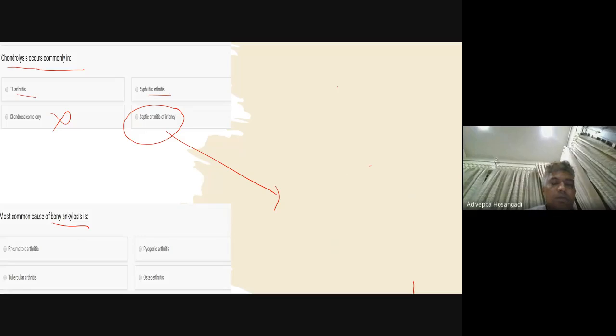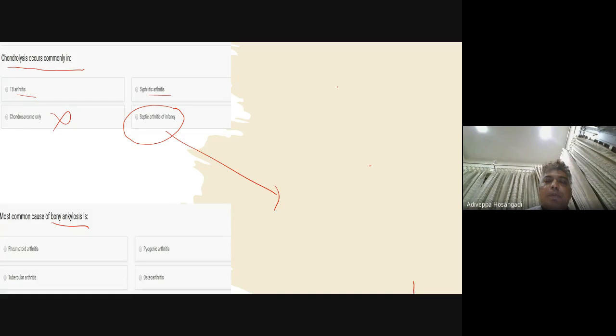Ankylosis is nothing but loss of movement of the joint. Ankylosis can be bony or fibrous. Please remember this. This is very important.